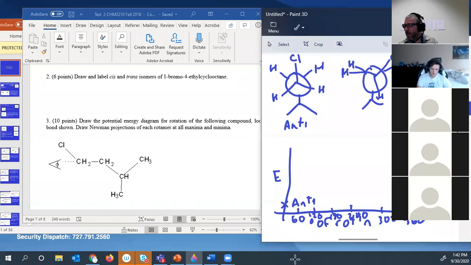And this would be what I'm calling E1, or eclipsed 1, which is an eclipsed structure, so it's going to be higher energy.